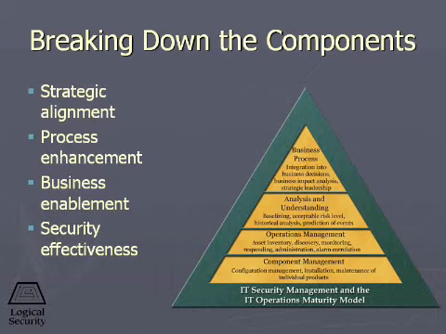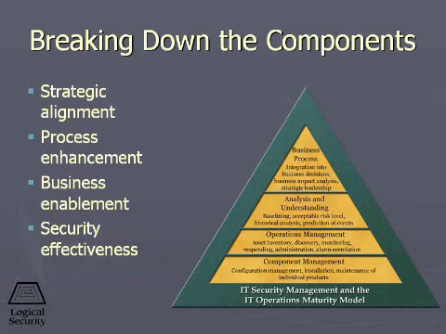First, we have the strategic alignment. This is where we take the high-level view of the business, the enterprise itself, and we evaluate where we need security and what level of security. So that's the strategic alignment as I begin to have everyone in the organization recognize the need for security.